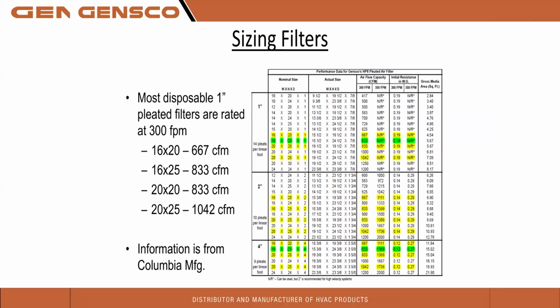And this will vary based off what your velocity is, and your velocity will change based off of your ductwork. It'll differ based off of the resistance in your ductwork, how the ductwork was sized. And it seems like nowadays, in new construction builds, everybody seems to be sizing their systems differently. But if they're not sized for the filter, it won't work, right?